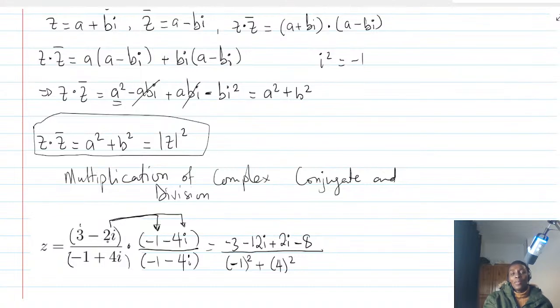Because if you multiply -2i by 4i, you are going to get -8i squared, so because of the i squared, you are going to get minus. So that is it for you.